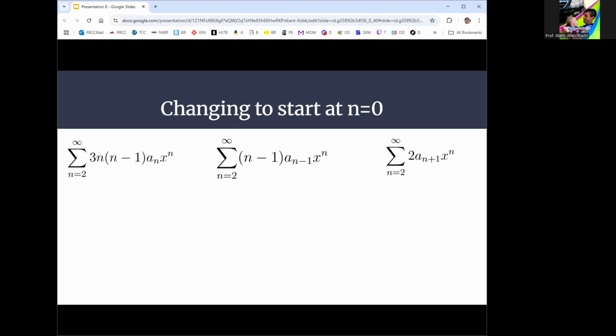And again, we're going to do it by first expanding. So just look at this first summation here.